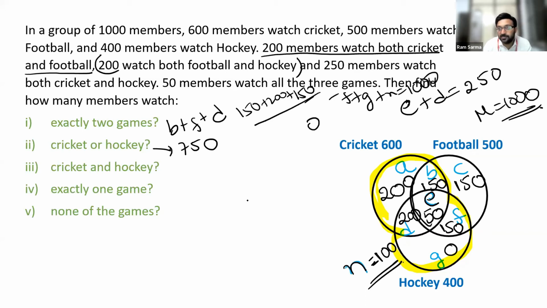Or is union and is intersection. Cricket and hockey. Can you guys answer this now? Cricket and hockey, that's present in the given question. 200. Good. Is it 200 or 250? The question is about cricket and hockey.